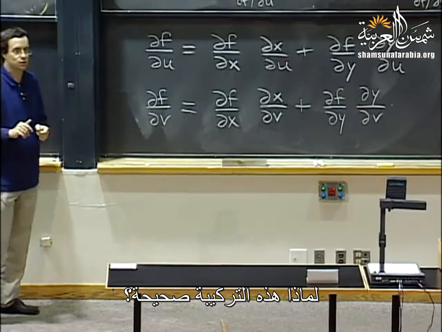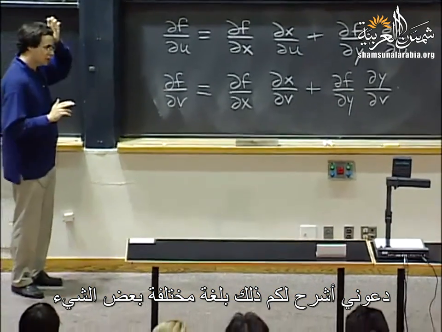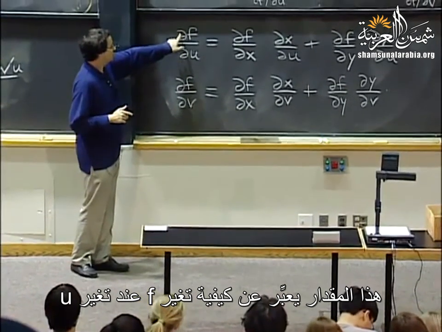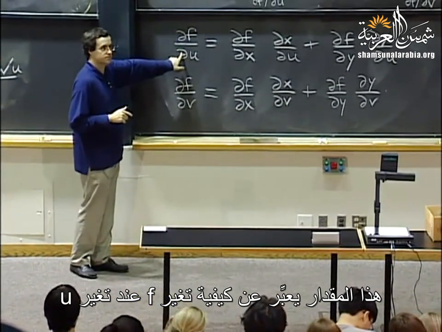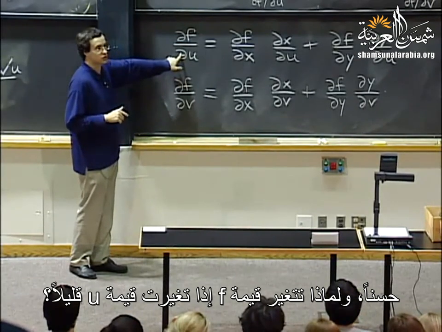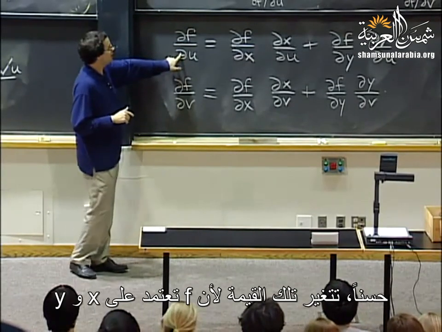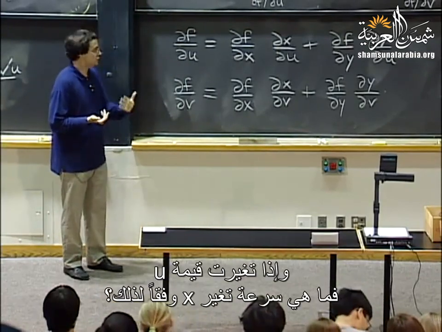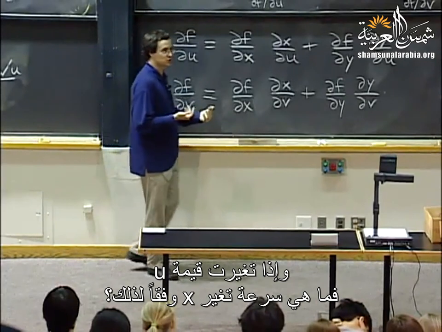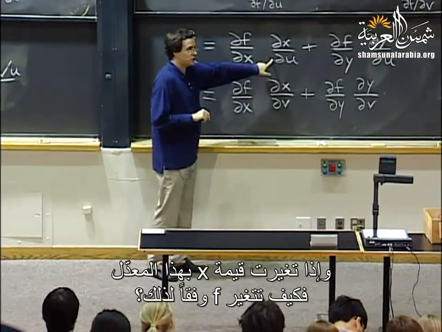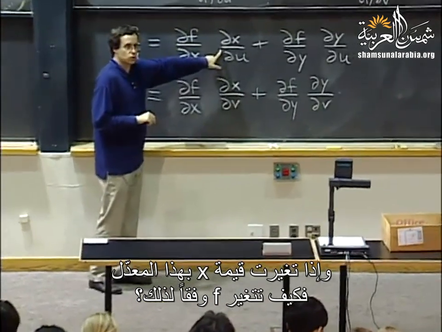Why does it work? Well, let me explain it to you in slightly different language. This asks us, how does f change if I change u a little bit? Well, why would f change if u changes a little bit? It would change because f depends on x and y, and x and y depend on u. If I change u, how quickly does x change? The answer is partial x partial u. And now, if I change x at this rate, how does that cause f to change?